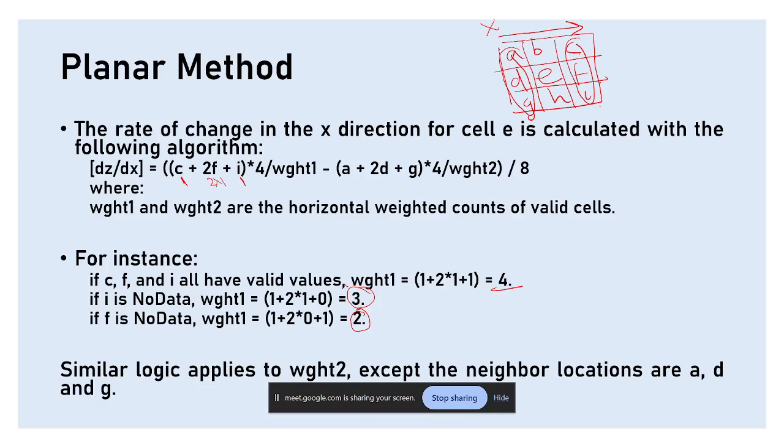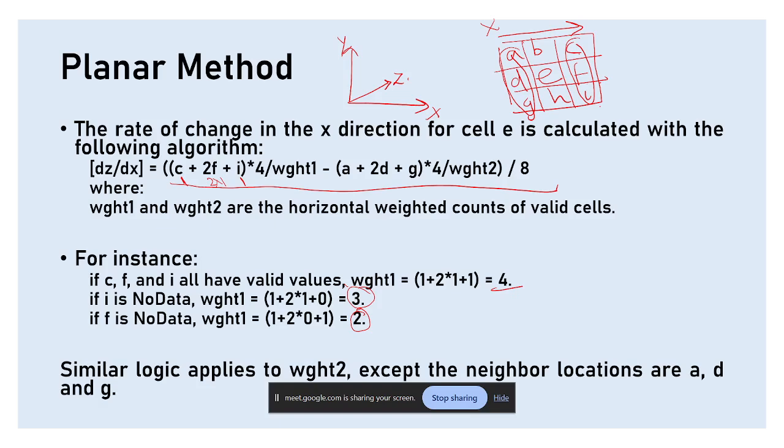Okay, so we have the x, y and z, right? So in order to determine the rate of change, we need to do dz by dx. Now this is again a formula that is being given. I don't know how it is derived. Maybe sir has also not mentioned it.